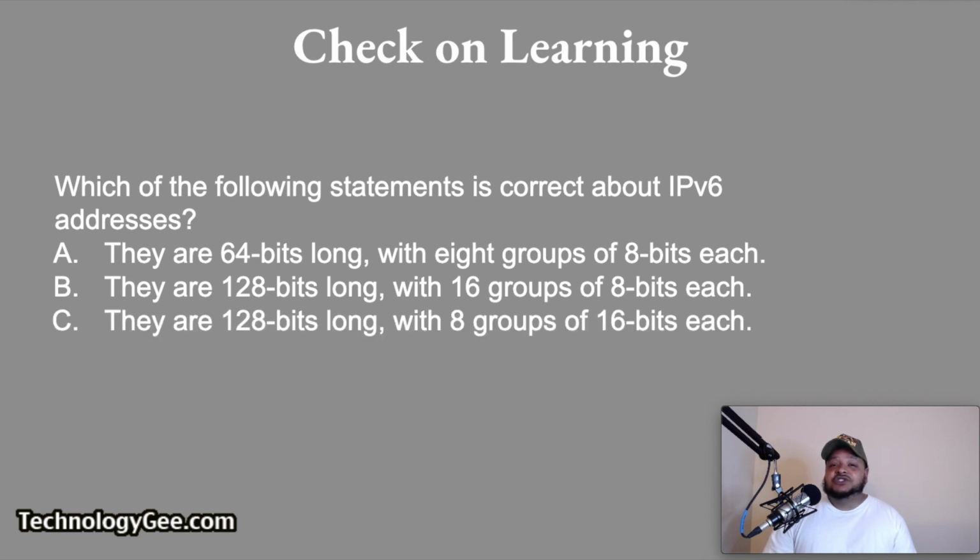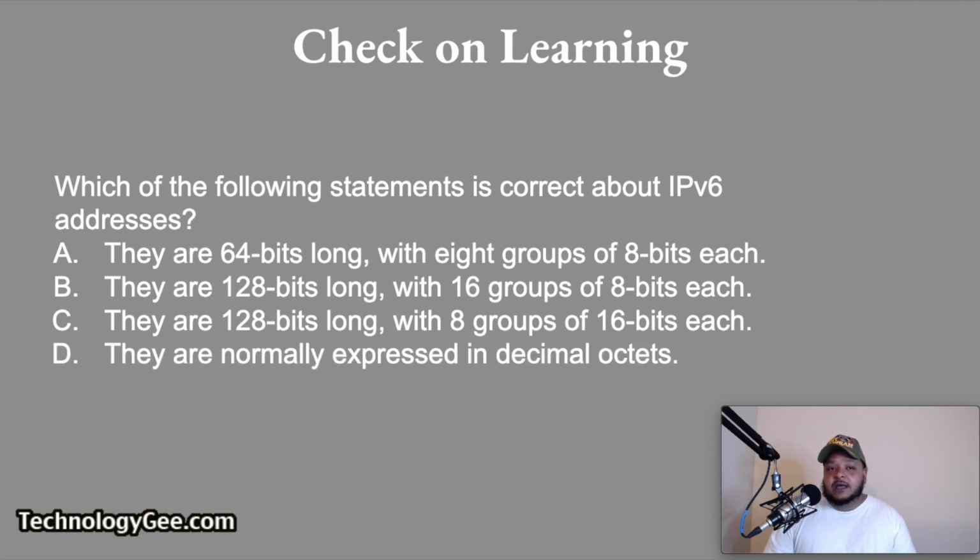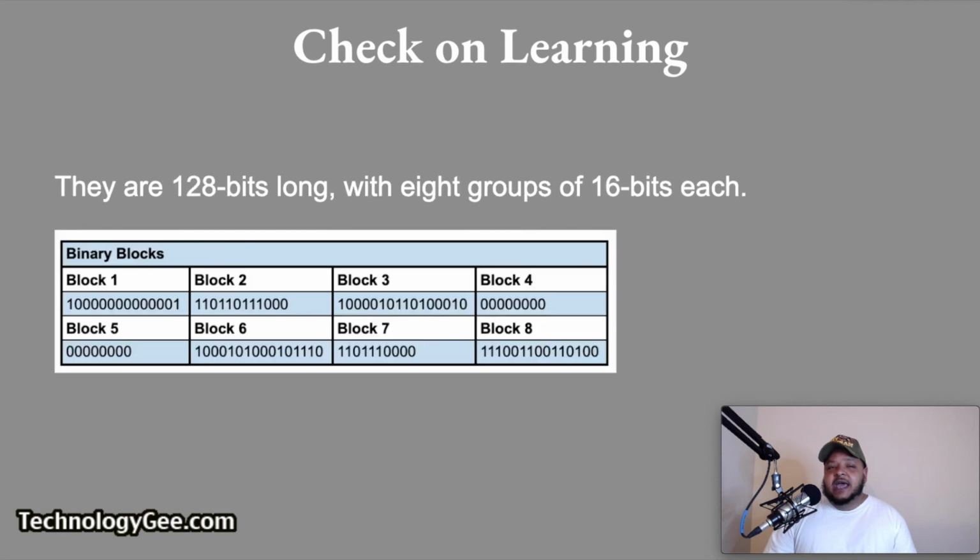C, they are 128 bits long with 8 groups of 16 bits each. Or D, they are normally expressed in decimal octets. The correct answer would be they are 128 bits long with 8 groups of 16 bits each.